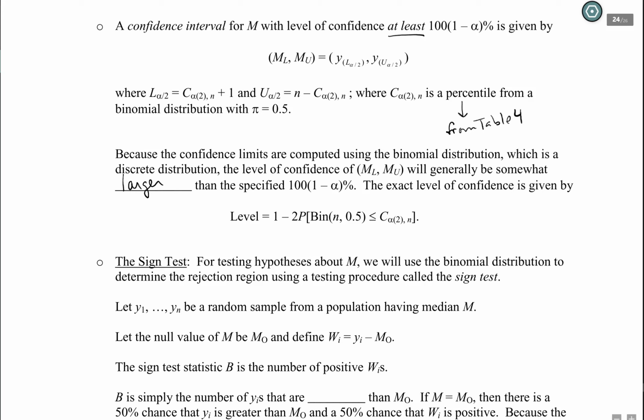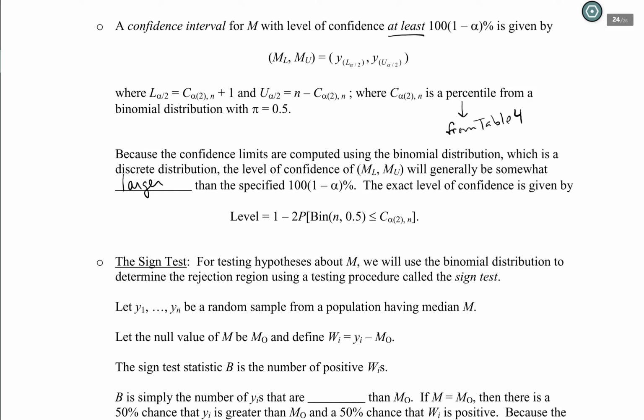In particular, the exact confidence level is given by 1 minus 2 times the probability of a binomial variable being less than or equal to this C value. That's the confidence level. This is not always 0.95 or 0.90 or 0.99, a nice value that we're used to, but we can get close enough to get some good confidence intervals on the population median.